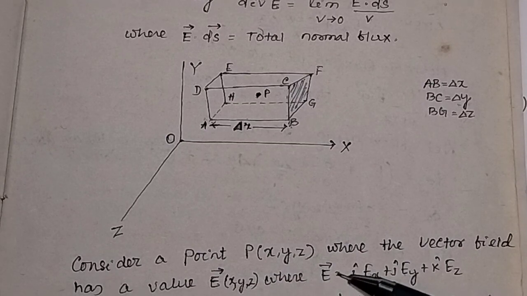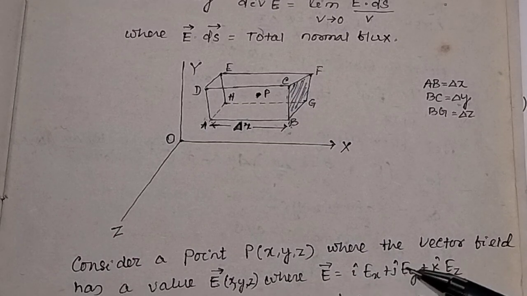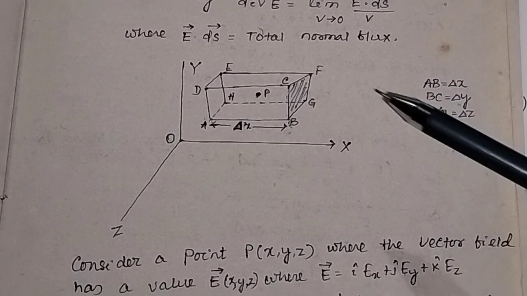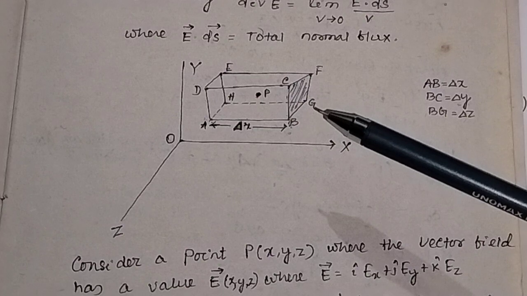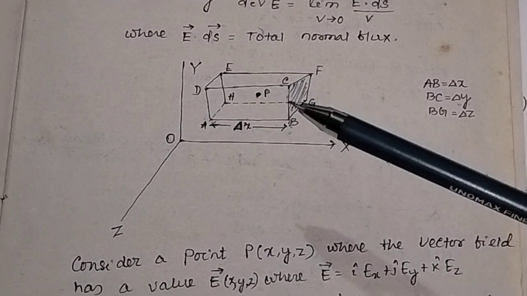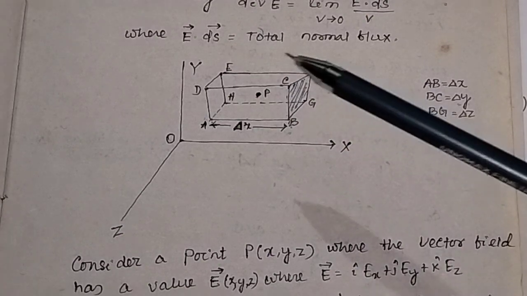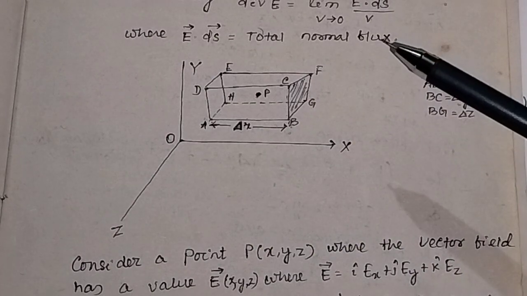And we know the vector field, since it is a vector, can be represented by i cap Ex plus j cap Ey plus k cap Ez. Now we will calculate the total flux, that is the flux along x direction, the flux along y direction, and the flux along z direction, to calculate the total normal flux.